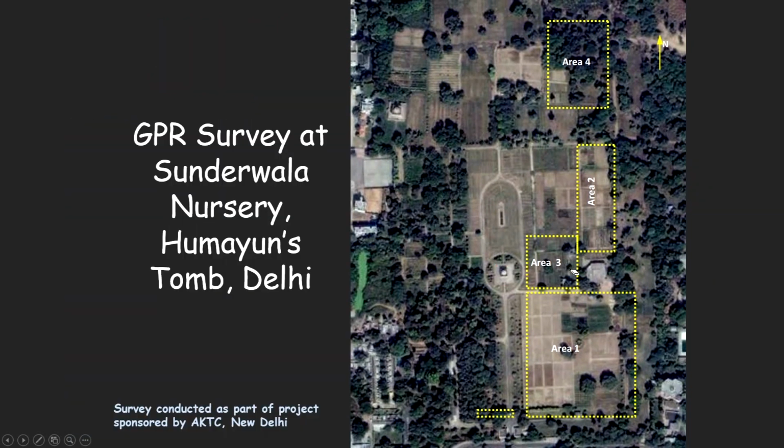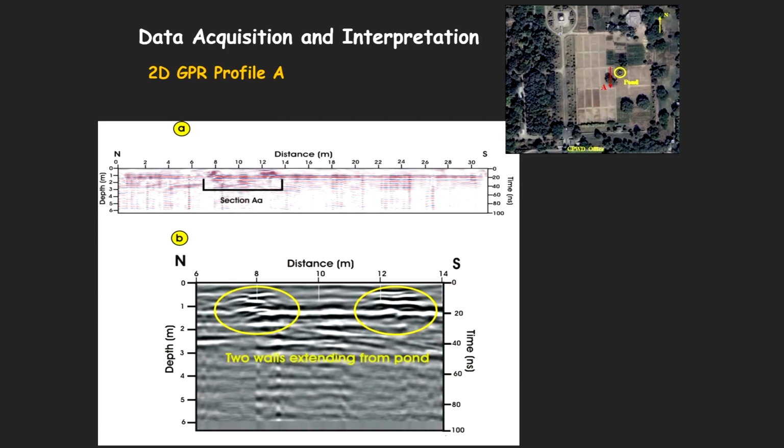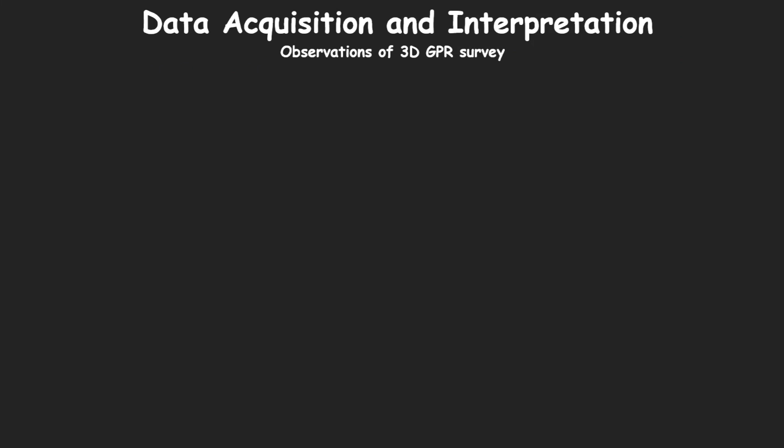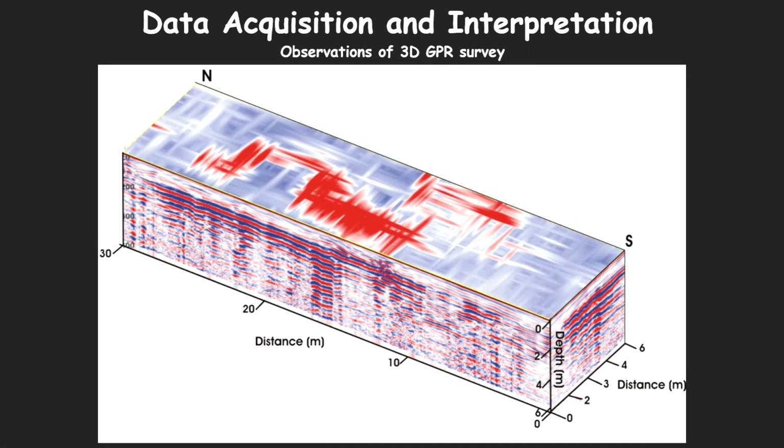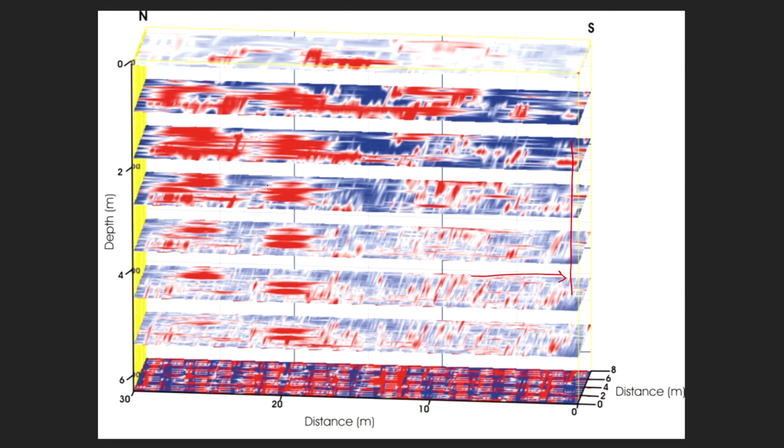So we started our survey, and at some locations we were able to pick up the signatures of that. This is what we found from one of the surveys, which shows that there is a platform here, and then probably a water pathway.